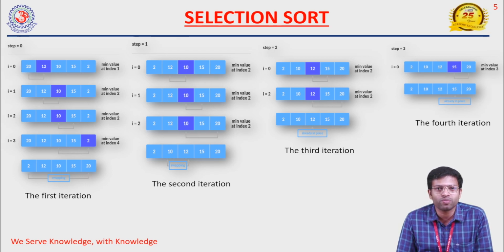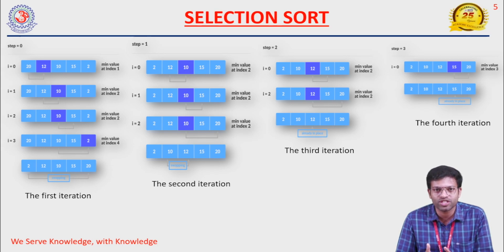So here we will be starting with the second element. Index-wise, we will be starting from the first index because we are already done with the zeroth index. In the second iteration, we will start with the second element, which is 12, and compare it with all the remaining elements.